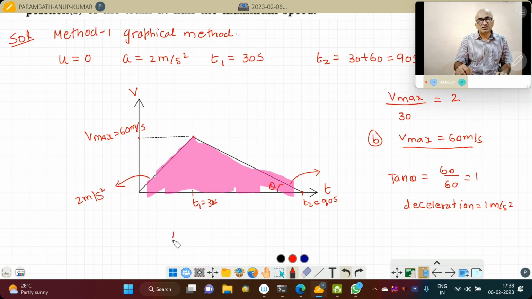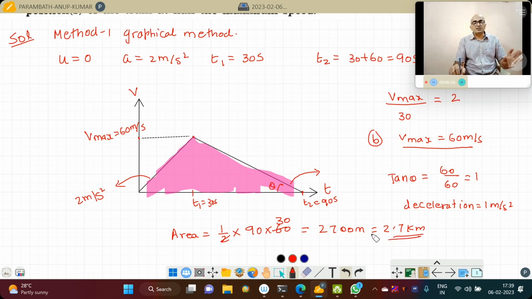The area is equal to half times base times height. The base is 90 and the height is 60. Therefore the total distance traveled becomes 30 times 90, which is 2700 meters, or 2.7 kilometers. This completes part A of the question.